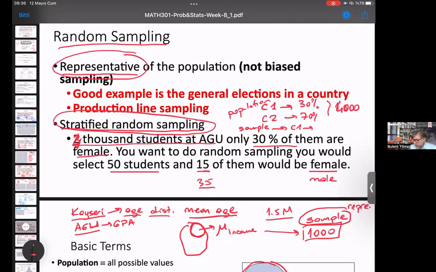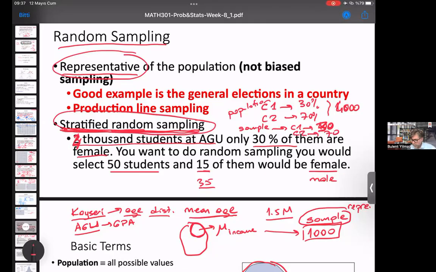Now I have 100 people in my sample, and out of 100 people, category 1 should include 30 students and category 2 should include 70 students. So this is called stratified random sampling. This is something that we do in machine learning or in artificial intelligence problems.